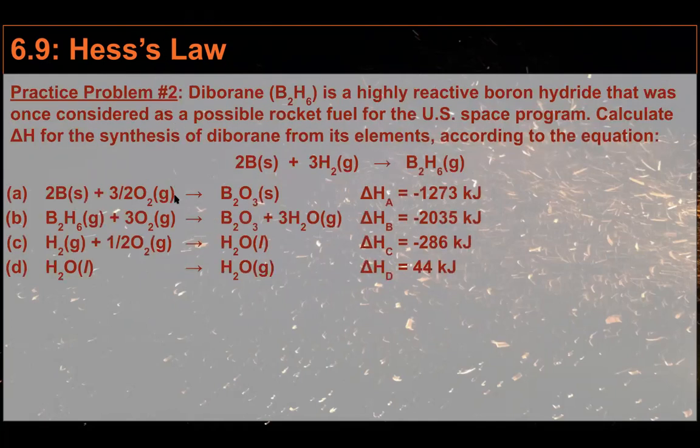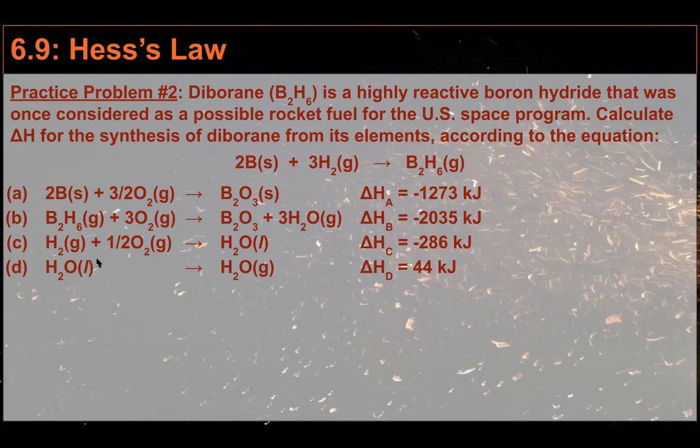So I'm going to go ahead and go to the next practice problem. So the next one, this is going to be a little bit more complicated. Diborane, B2H6, is a highly reactive boron hydride that was once considered as a possible rocket fuel for the US space program. Calculate delta H for the synthesis of diborane from its elements according to the equation 2B plus 3H2 yields B2H6.